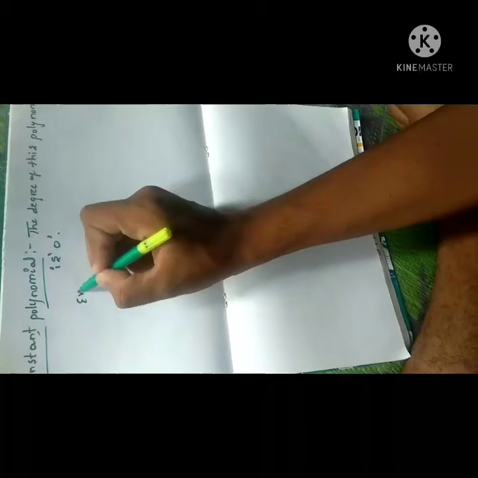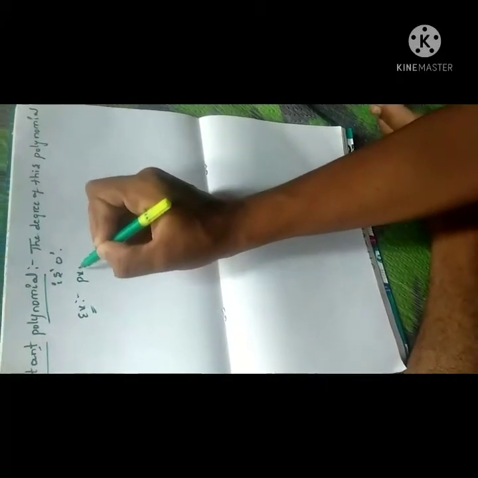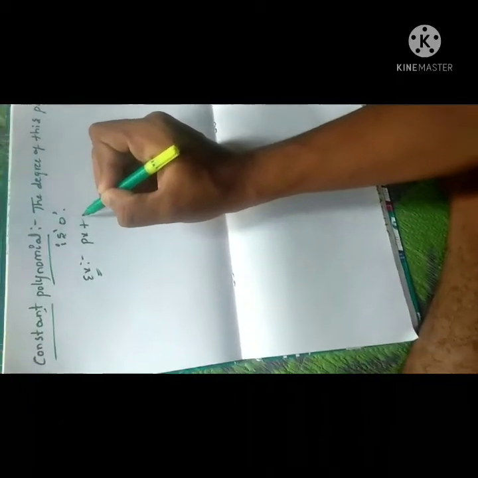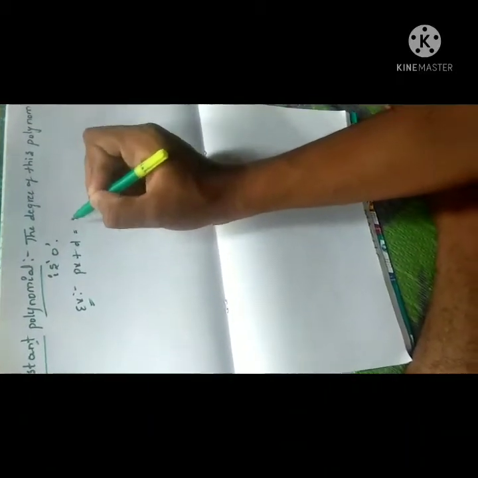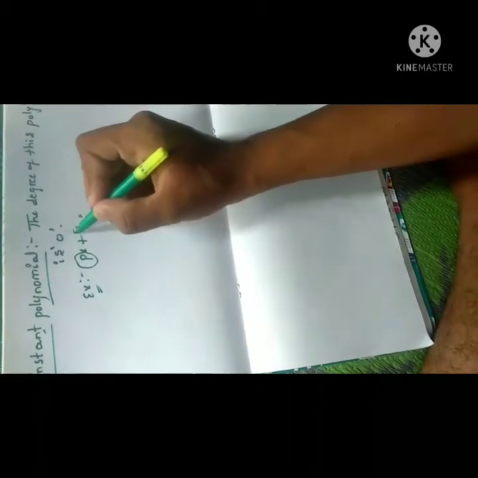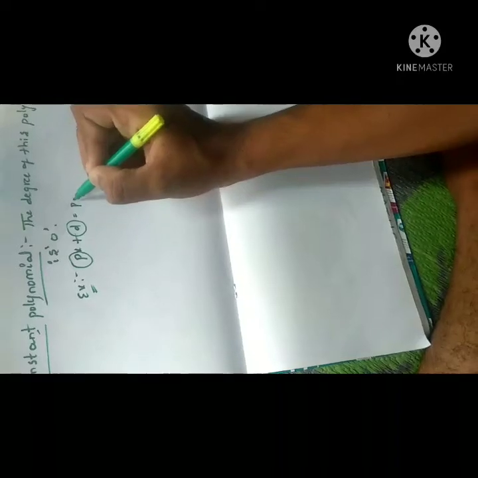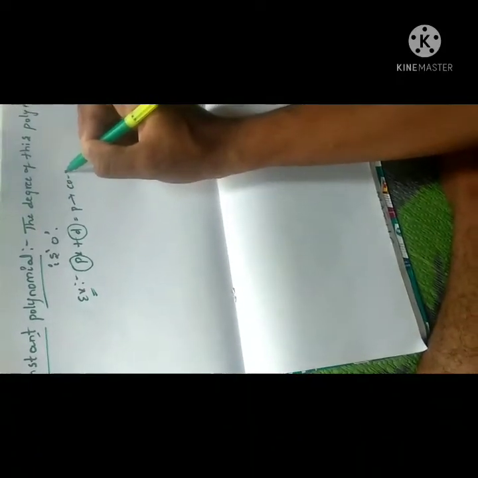Let us take one example: px plus d. Here p is the coefficient and d is the constant term.